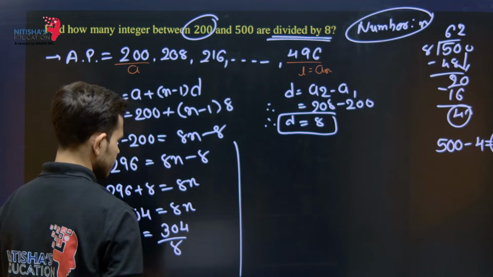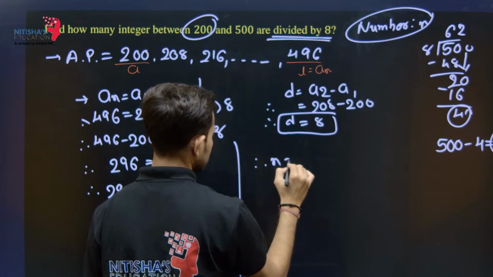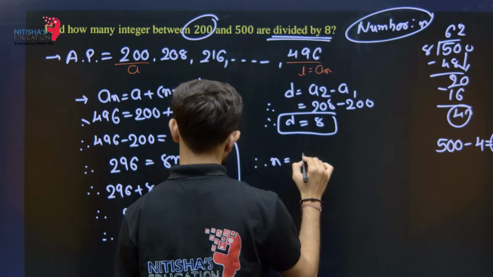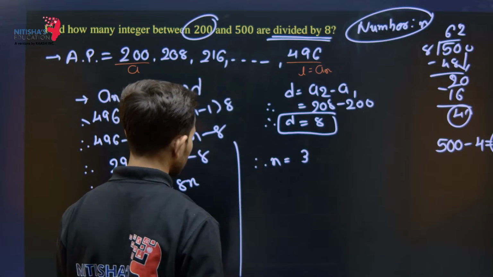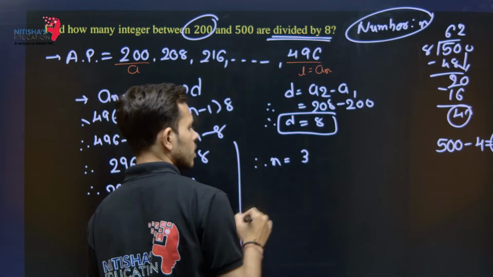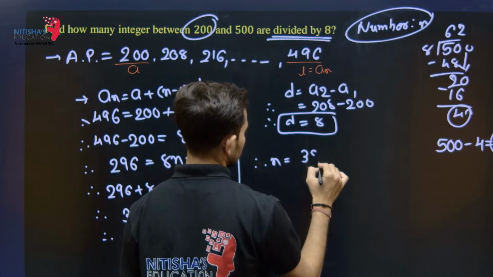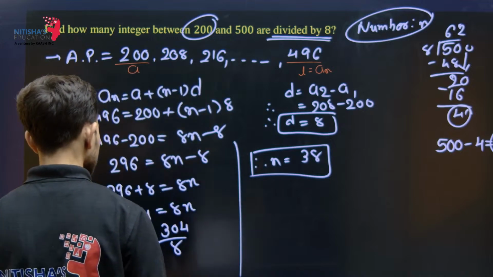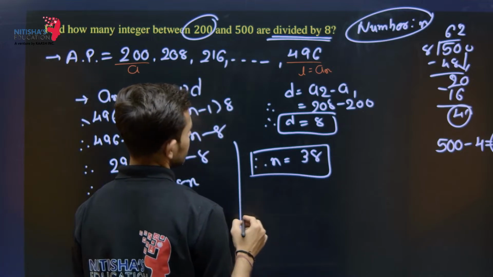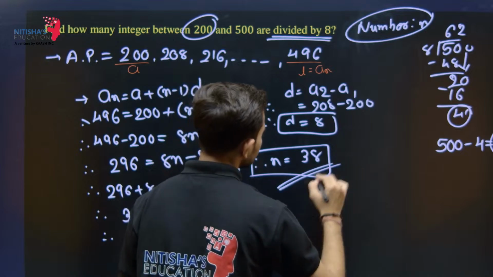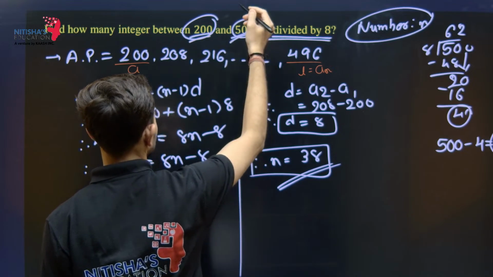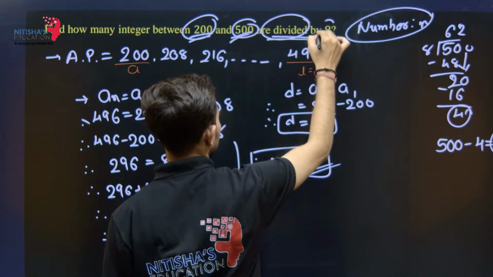Let's divide this. 8 3s are 24, 6 will be remaining, it will become 64, 8 8s are 64. So n is equal to 38. So we can say that there are 38 numbers between 200 and 500 that are divisible by 8.